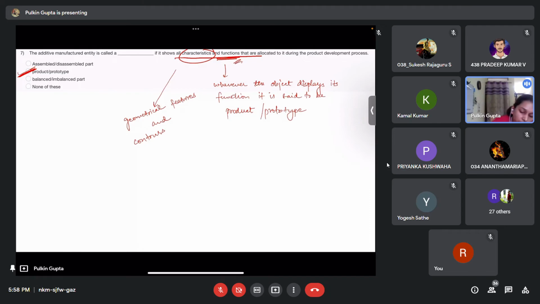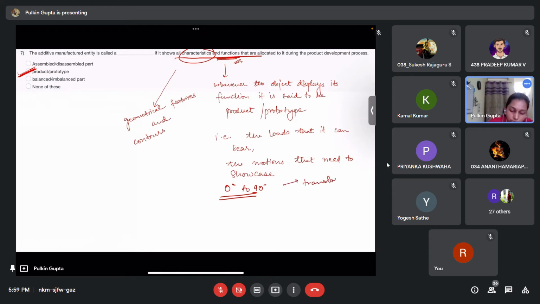Here the functions mean the loads that it can bear and the motions that it needs to make, for example, if it needs to have certain rotation from say 0 to 90 degrees, or say it has to have some translatory motion. If it is exhibiting all those, then it is either a product or a prototype.